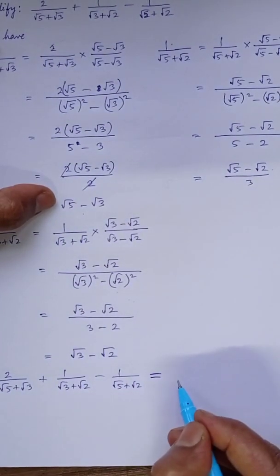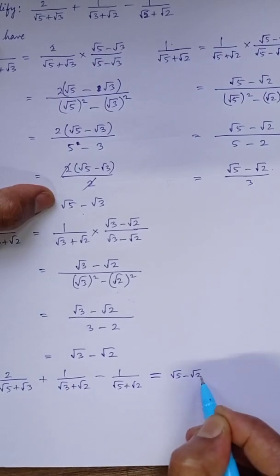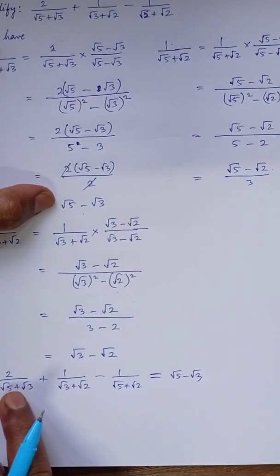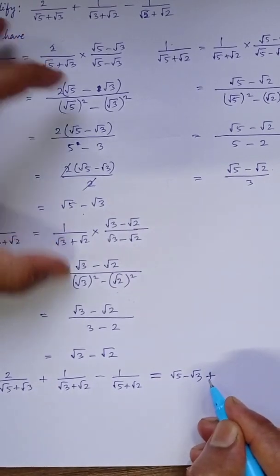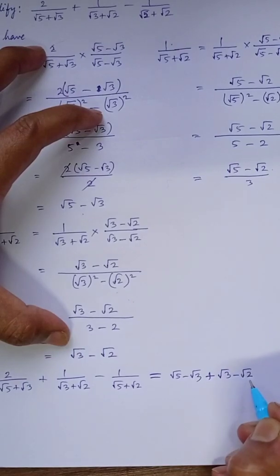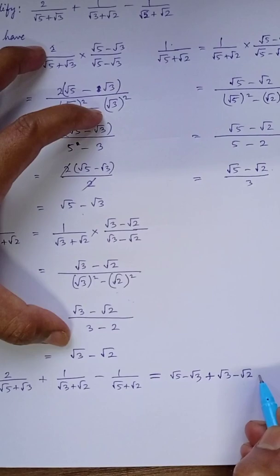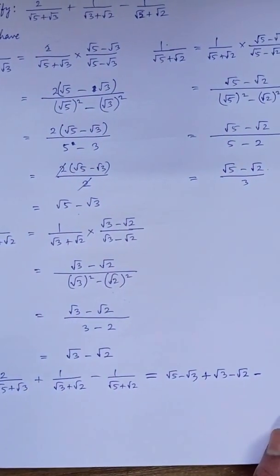The first one is root 5 minus root 3 for this one. Then there is a plus sign, so I'll put plus root 3 minus root 2. This is the second one. Then a minus, and then I have to adjust my exercise book a bit.